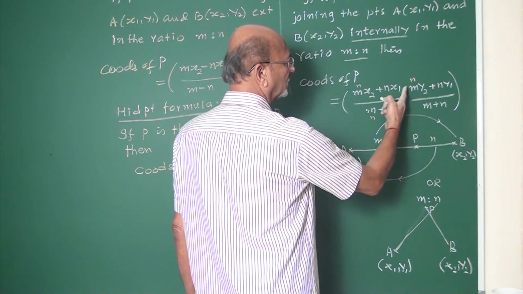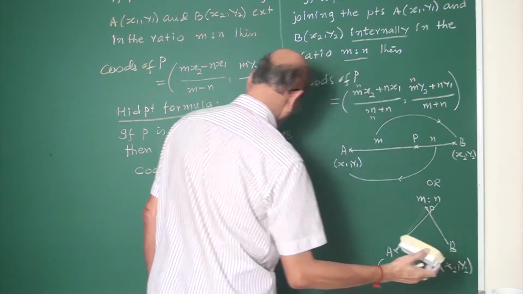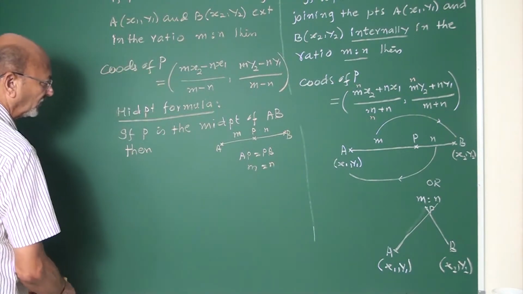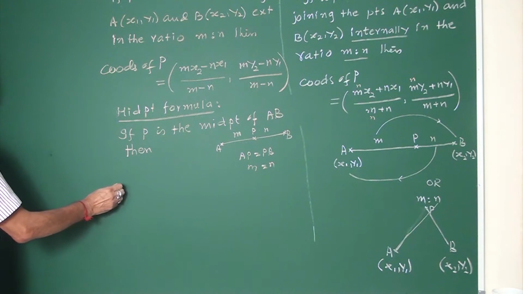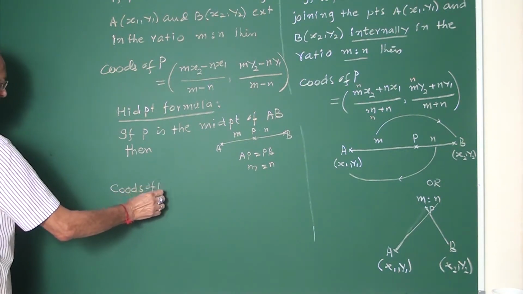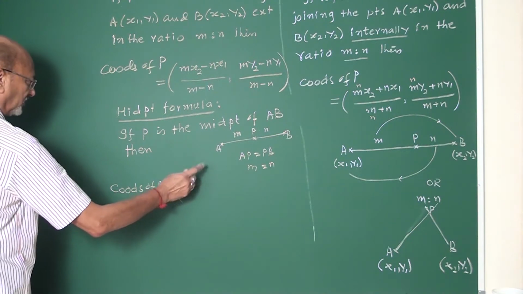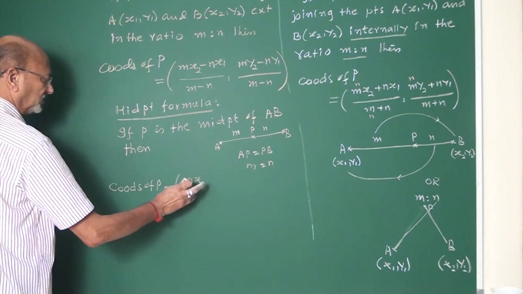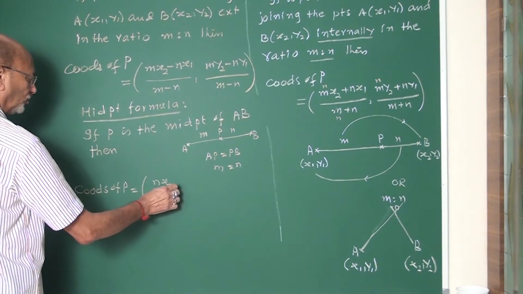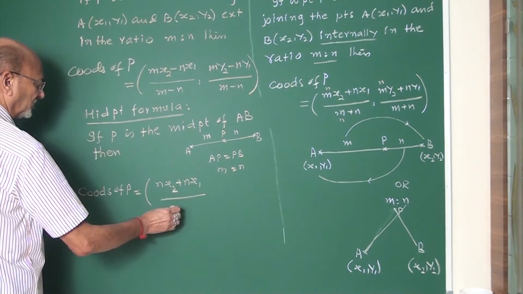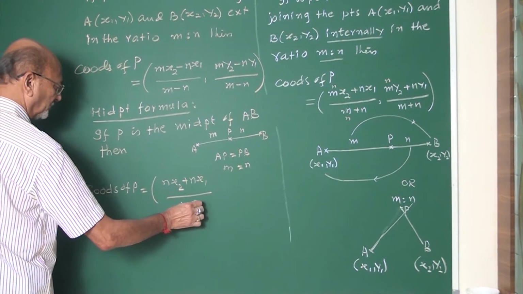Then the coordinates of P: m equal to n means nx2 plus nx1, down is n plus n.